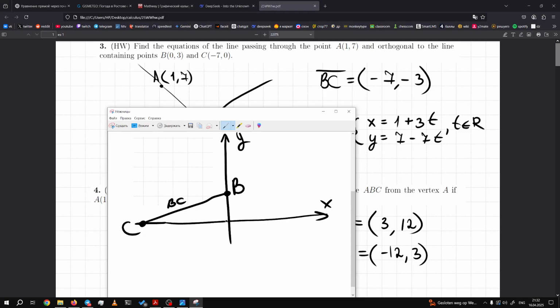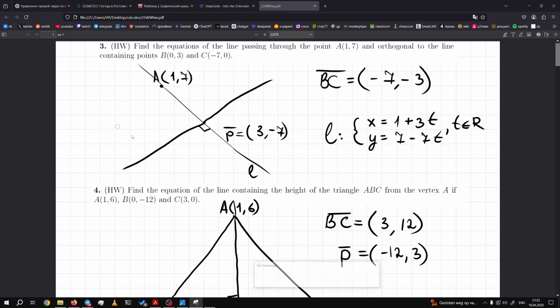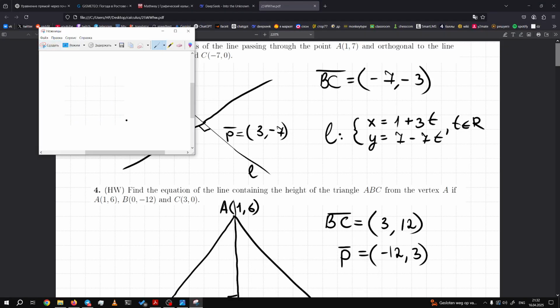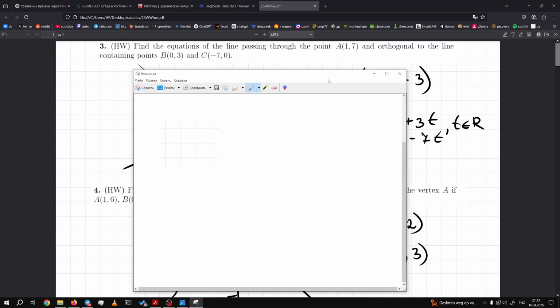Look, if we move from our beginning, minus 7, minus 3, it is this one. And these vectors are the same. Actually, these numbers may be difficult to understand.